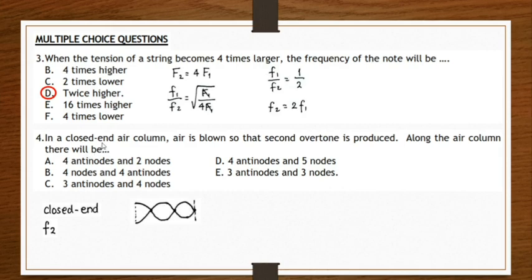So in a closed end air column, there will be a node at one end and an antinode at the other end. And there will be 5 over 4 lambdas when we have the second overtone. So we have 1, 2, 3 nodes and 1, 2, 3 antinodes. So the answer will be E.